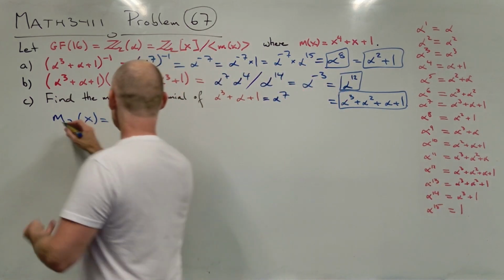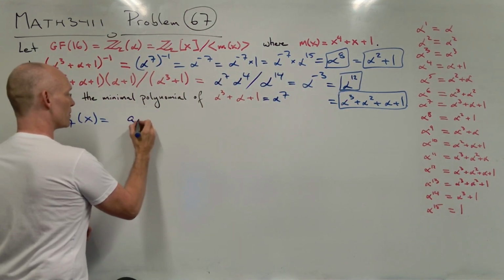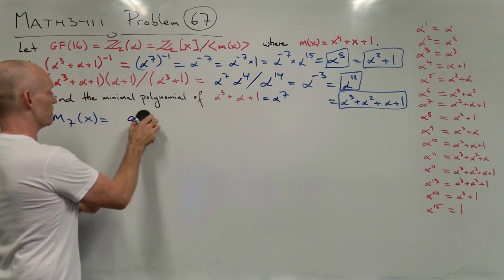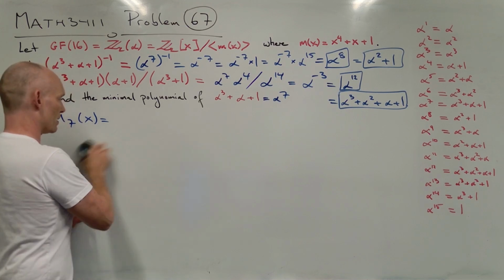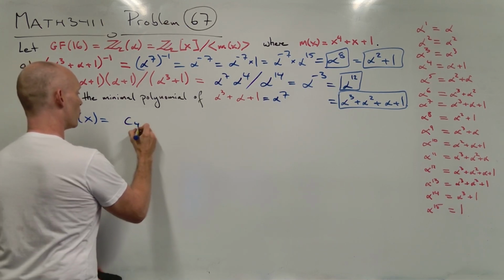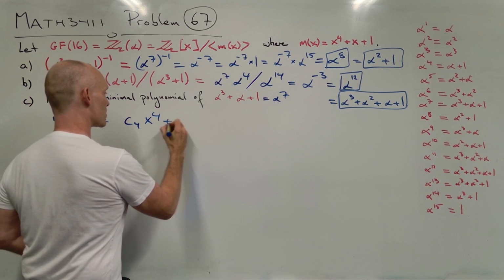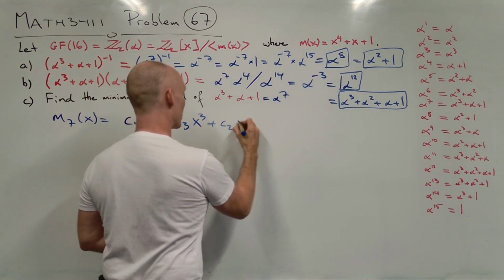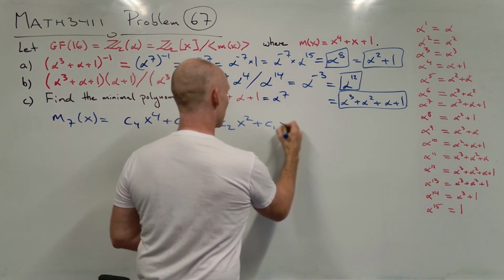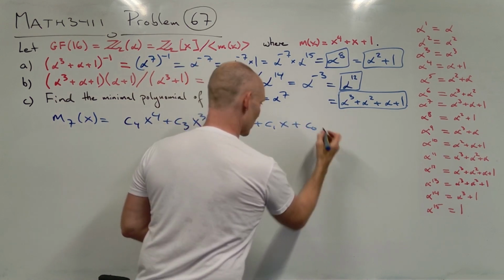So let's just write this polynomial up in some way. Let's say that it looks somehow like this: C4 x to the power of 4 plus C3 x to the power of 3 plus C2 x to the power of 2 plus C1 x plus C0.